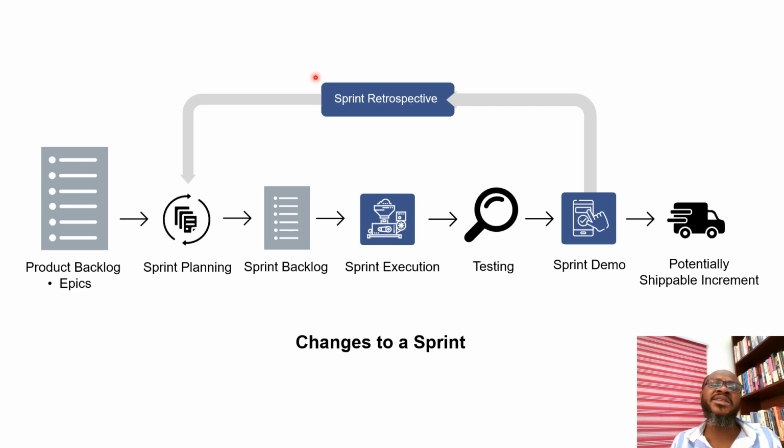Okay, but sometimes depending on the nature of the change or the degree of urgency, we can't wait for a sprint to complete before we attend to that situation. So what happens is that whenever there is a change request to a sprint, the product owner, in consultation with relevant stakeholders, will measure the degree of urgency.